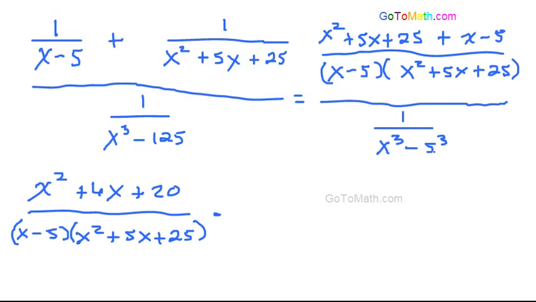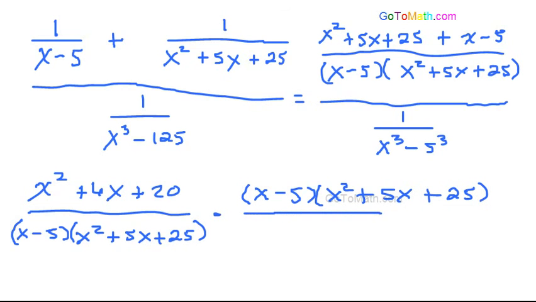Now I will say something here. We can factor this to x minus 5 times x squared plus 5x plus 25, and that would be all over 1 if we wanted to look at it that way.